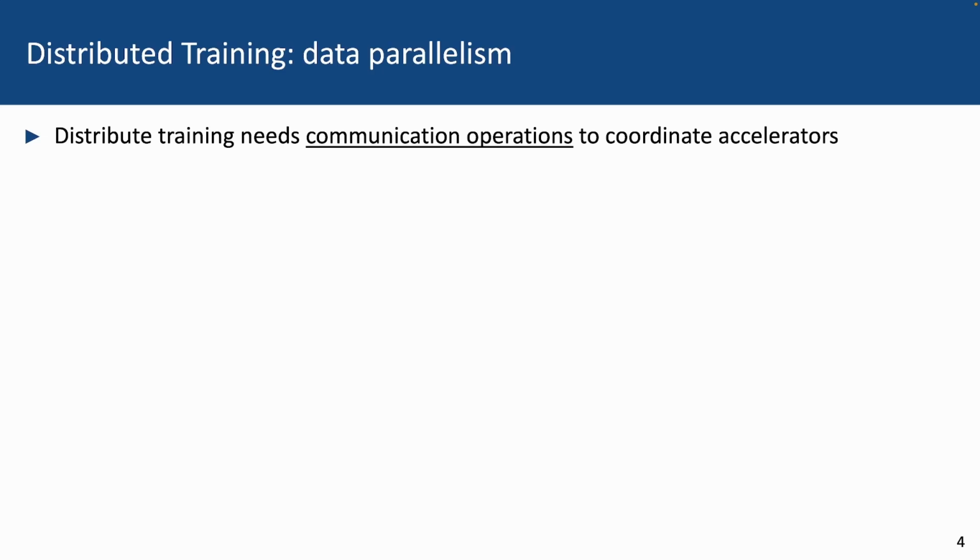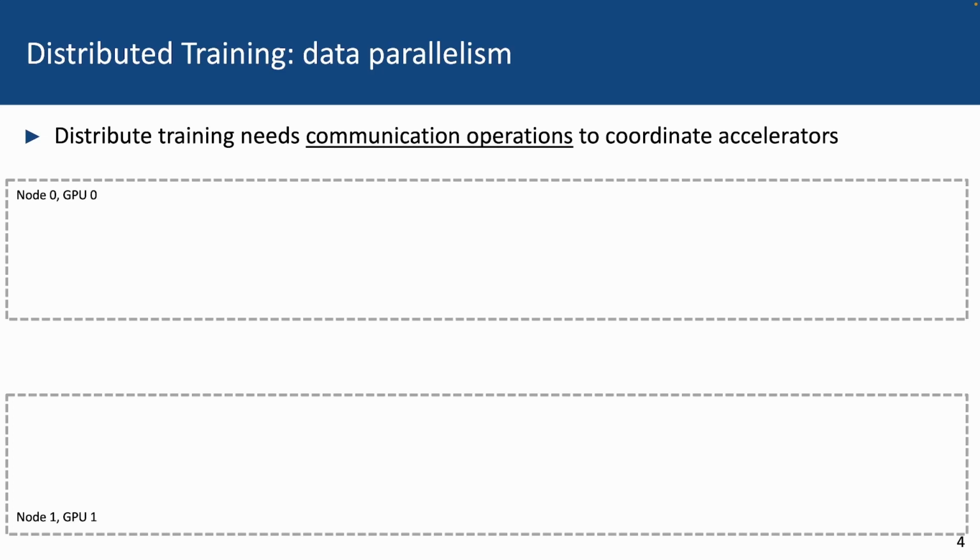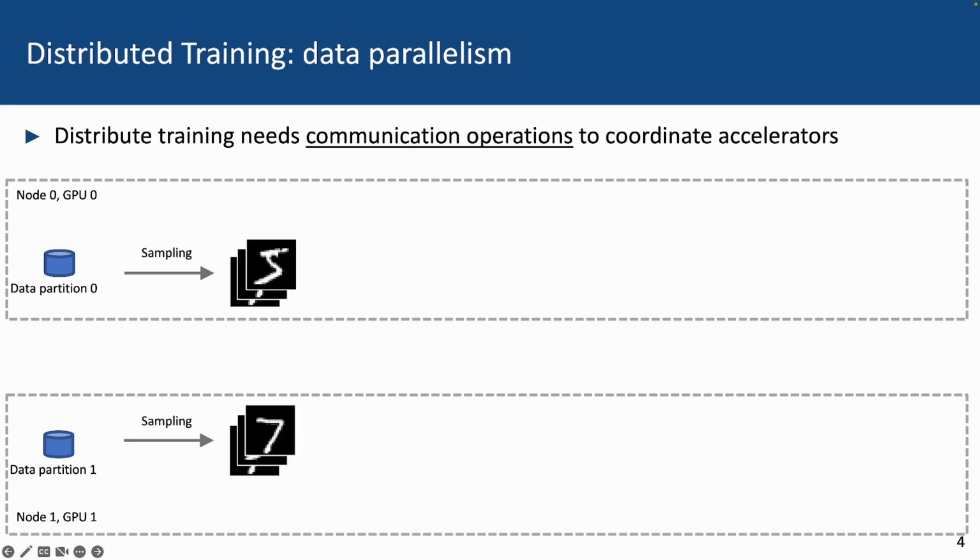We present a data parallel training strategy for illustration here. Assume we have two GPUs spread across two nodes. At the initial phase, the two devices have the exact same model parameters, and we use a joint dataset for the training on each device. Each device samples data from the dataset, starts the forward process, and then the backward process to get the gradients.